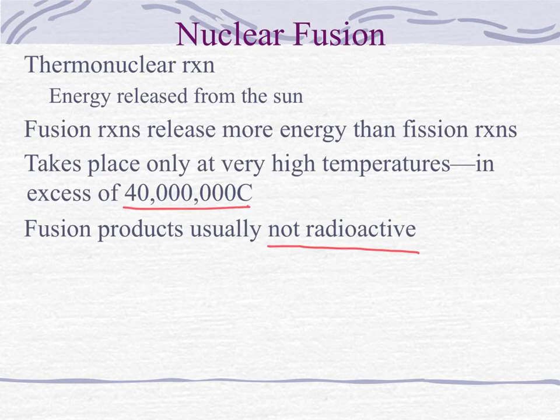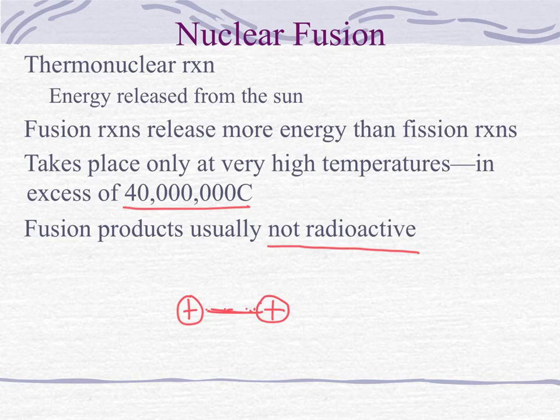The reason why fusion requires tremendous amounts of energy or temperature in order to fuse 2 nuclei together is because, well, let's think about this. We have 2 nuclei, okay? What is the charge on the nucleus? Well, if you remember, the nucleus is positive, right? So if we're trying to fuse together 2 positive charges, do they naturally want to come together?